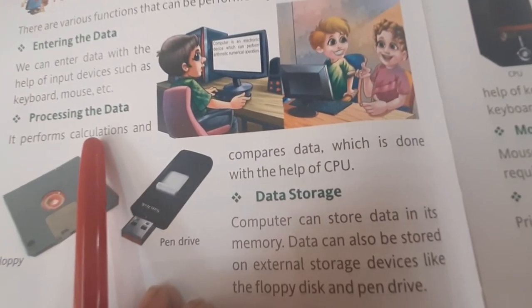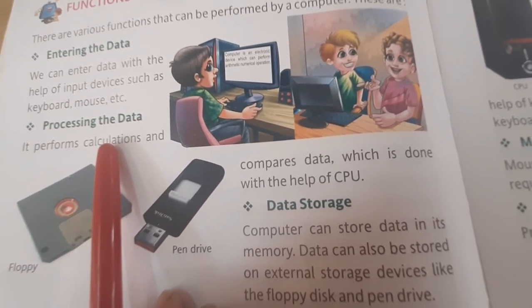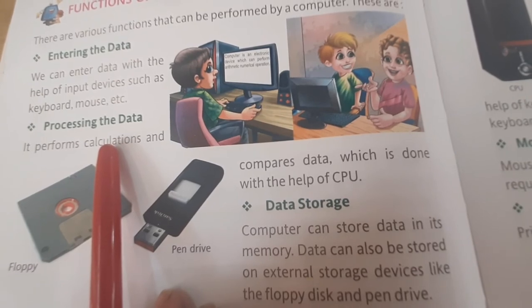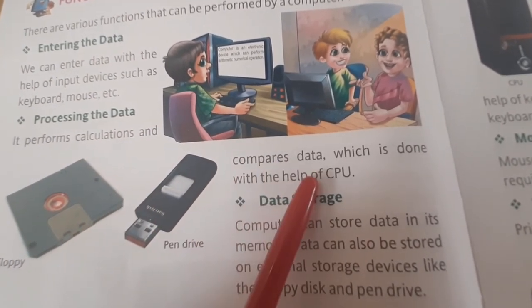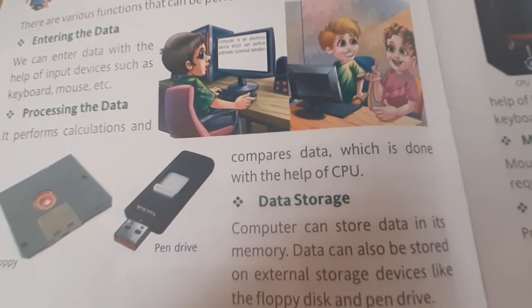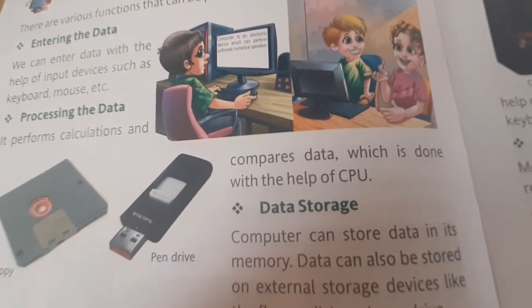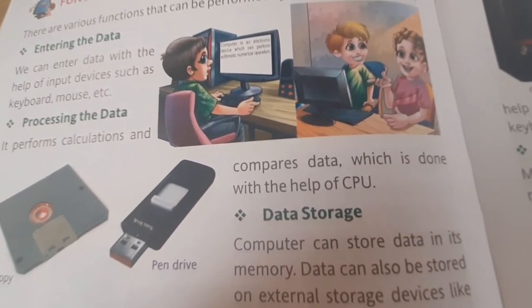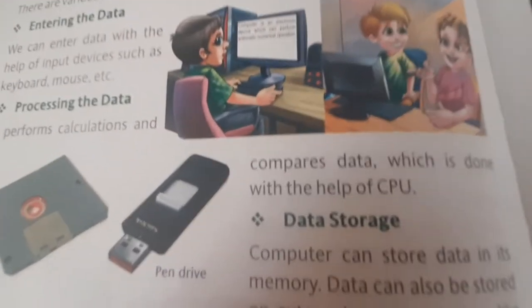Processing the data, whatever changes happen in the data after our data is fed is known as processing. It performs calculations and compares data, which is done with the help of CPU, whether it is addition, subtraction, multiplication, division, preparation of report, or anything that is happening once the data is entered into the computer is known as processing.